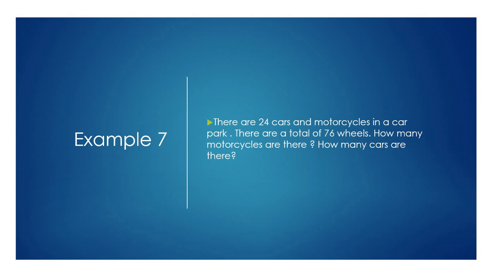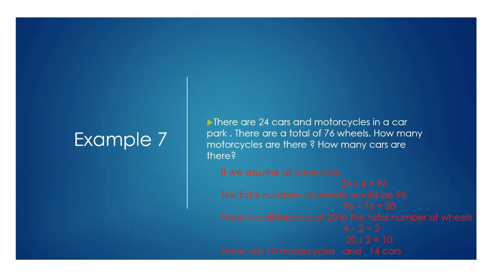Okay, I have used the assumption method. If we assume all were cars, 24 vehicles multiplied by 4 equals 96 wheels. The total number of wheels would be 96. 96 minus 76 is equal to 20.